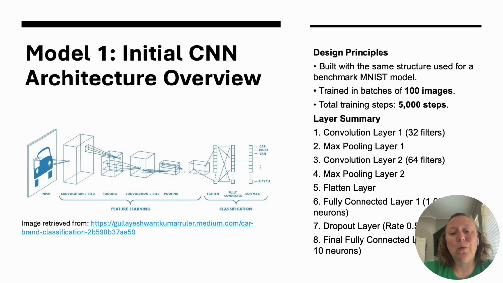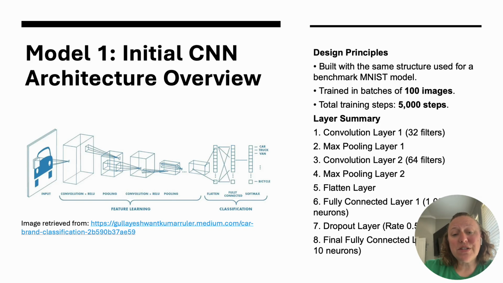Now let me walk you through the initial CNN architecture that was designed. This same structure was applied to both datasets, both the MNIST and the CIFAR-10 data, initially to establish a baseline comparison. The model itself begins with the input layer, which is 32 by 32 by 3 for CIFAR-10, representing the width, height, and the RGB channels.